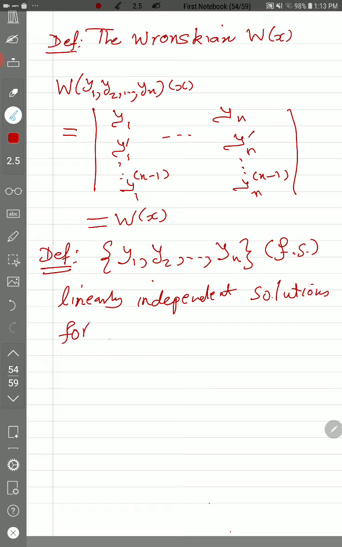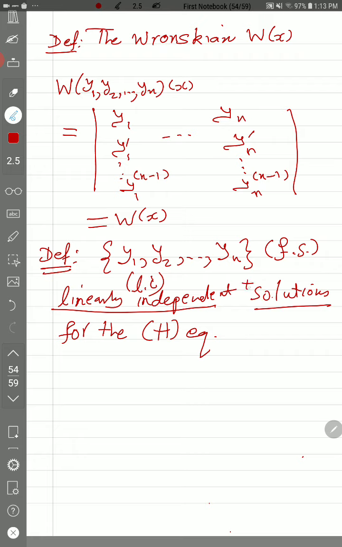We know that before for the homogeneous equation, so in fact we just extend what we mean by linearly independent solutions.